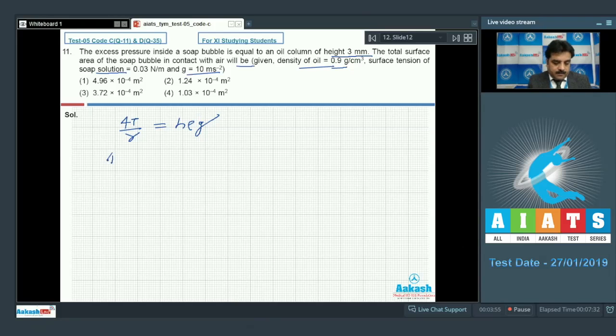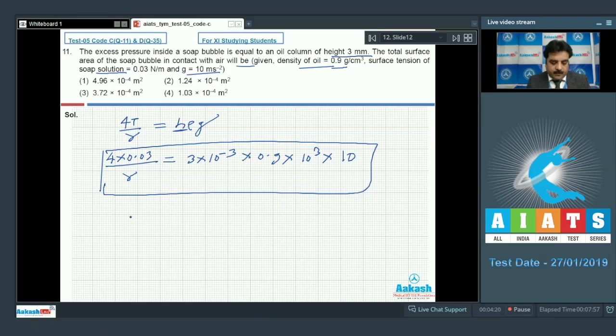You know the value of surface tension from your question, 0.03, and the height h equals 3 into 10 to the power minus 3, into density 0.9 into 10 to the power 3, and the value of g is 10. So by this expression you can easily calculate the value of R. On solving you will get 4 upon 9 into 10 to the power minus 2 meter.